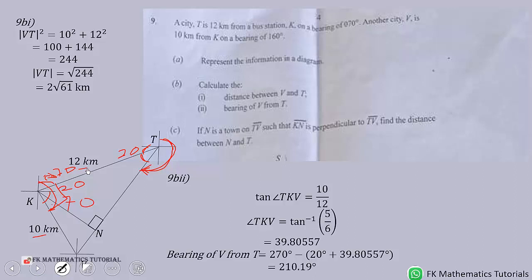TN, that's what we are looking for. So we can use cos, because this side is adjacent to this angle, which we already know to be 39.80. So cos of that angle will be equal to TN over 12.